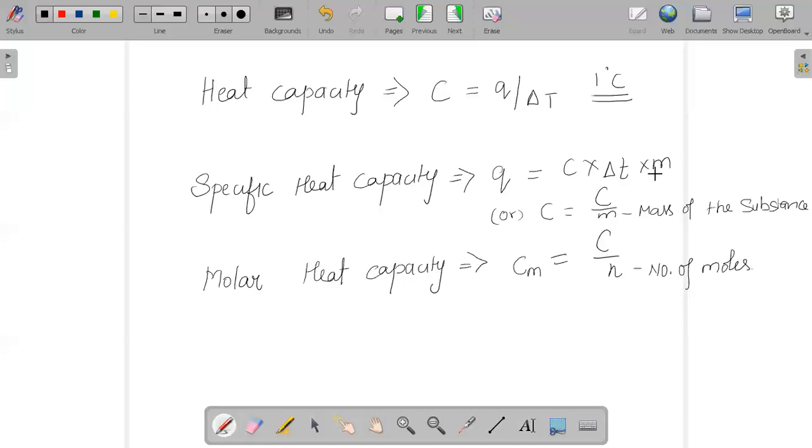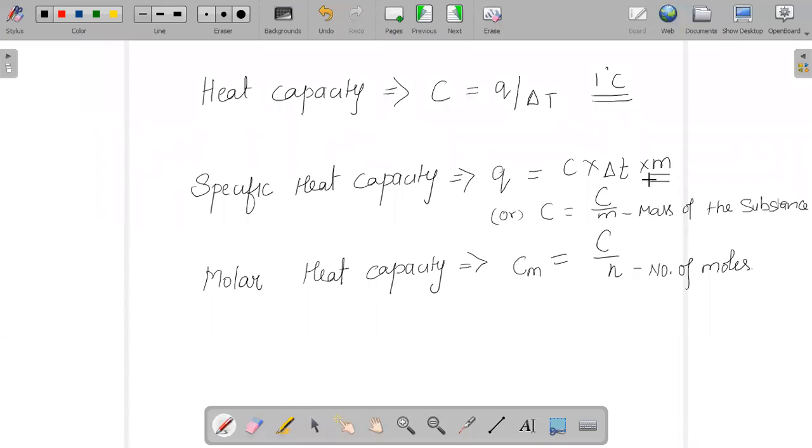So additionally we take mass, and Q is equal to m into C into delta T. Since we are talking about 1 gram, it is specific for that particular substance.